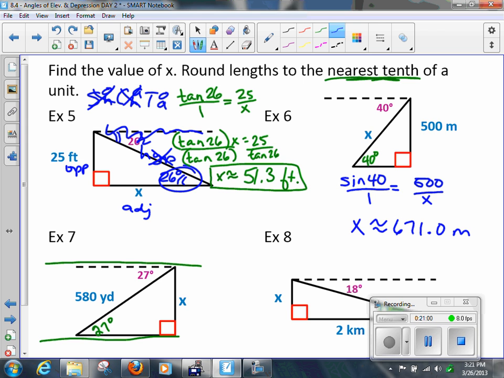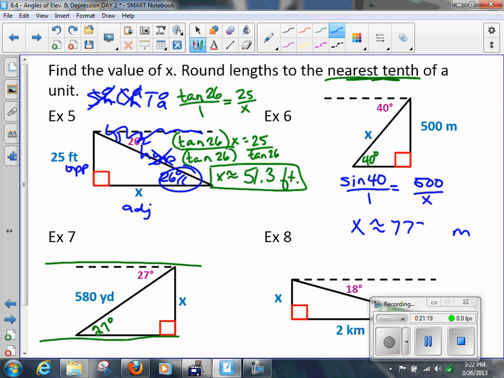Well, I got 777. 777.9. Is this number 6? Because you use sine of 40. How about 777.9? Yep.